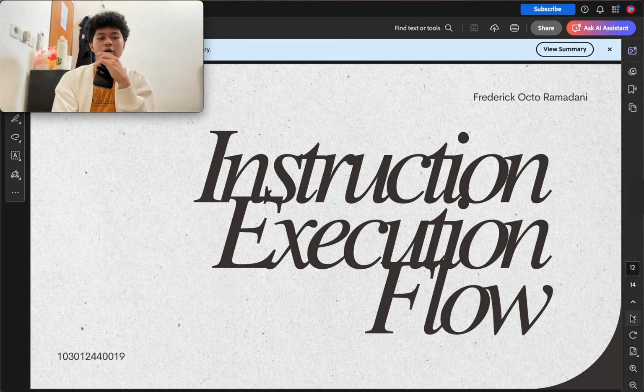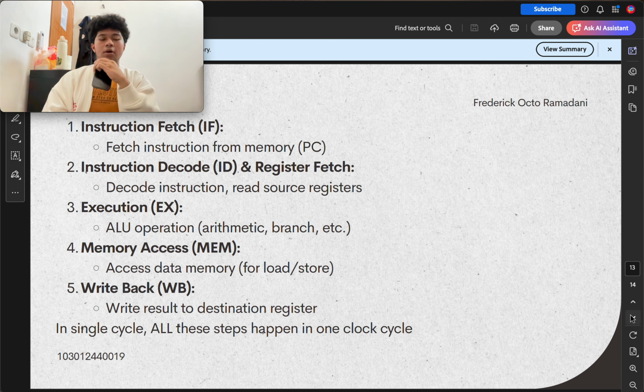Let's talk about instruction execution flow. Every instruction in the single cycle data path goes through these 5 steps, all within one clock cycle. The first one, instruction fetch: the instruction is read from memory using the PC or program counter.